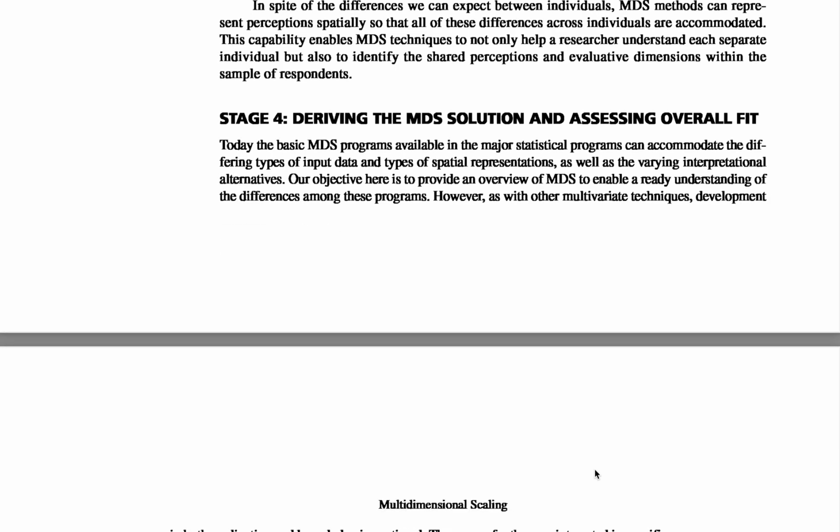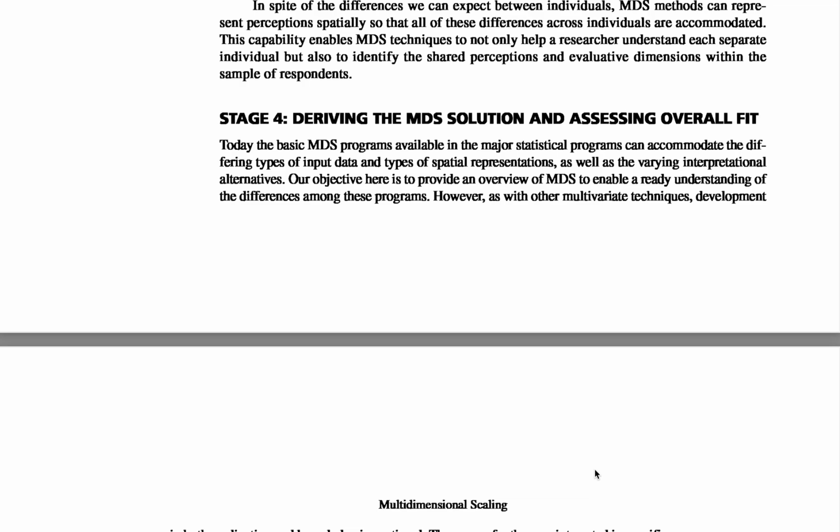Stage 4, deriving the MDS solution and assessing overall fit. Today, the basic multidimensional scaling programs available in the major statistical packages can accommodate differences in the type of input data and the type of spatial representation, as well as varying interpretational alternatives.